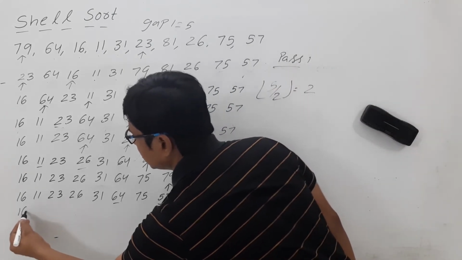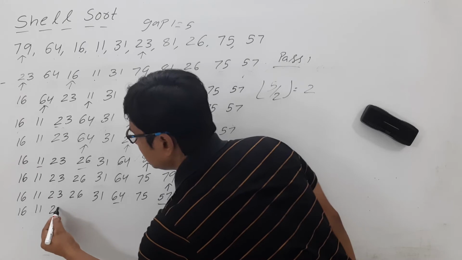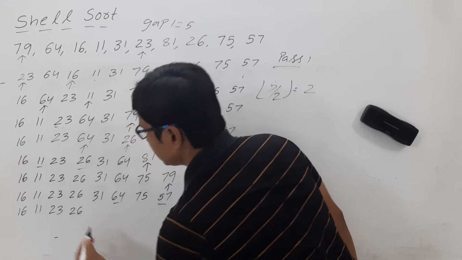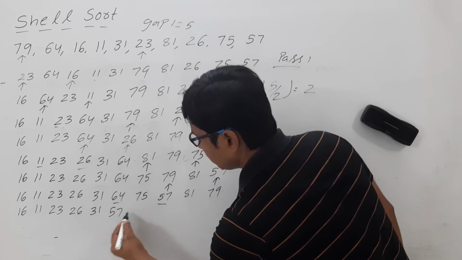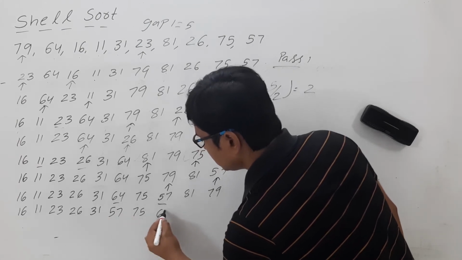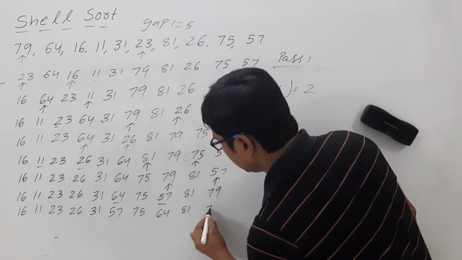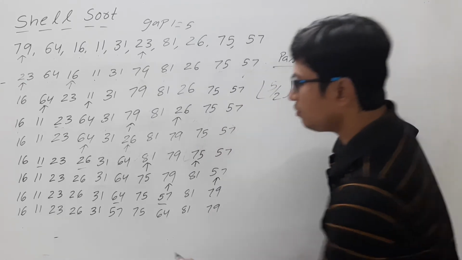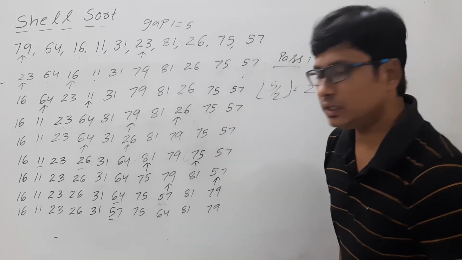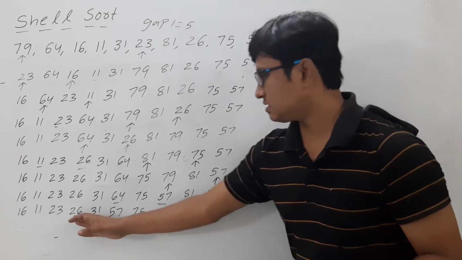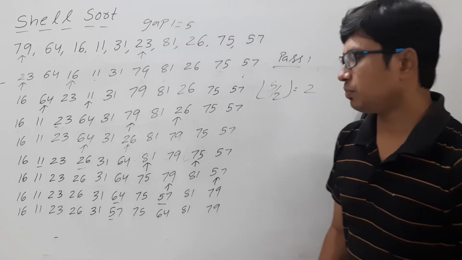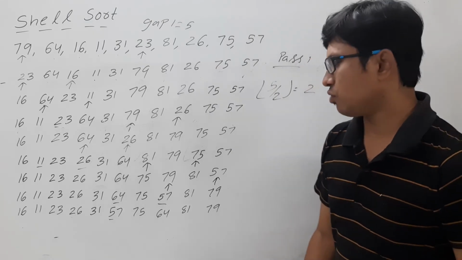So it will be 16, 11, 23, 26, 31, 57, 75, 64, 81, 79. Now 57 you need to compare with 26. 26 is less than 57. I no need to perform any swapping.